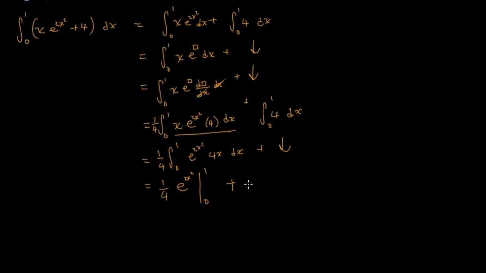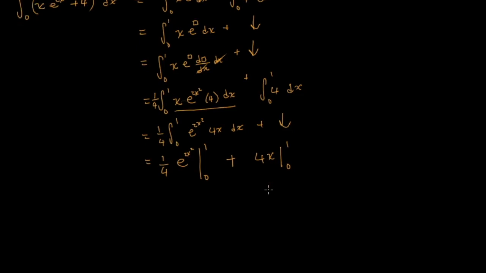Okay, so the integral of 4 is just 4x from 0 to 1. And since it's a definite integral, we're not going to have to worry about the plus c part. So here we can plug in our numbers. Okay, so e to the power of 2 times 1 squared is just 2, divided by 4, minus e to the power of 0 times 2.